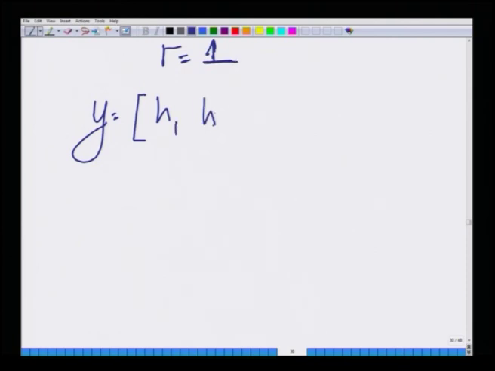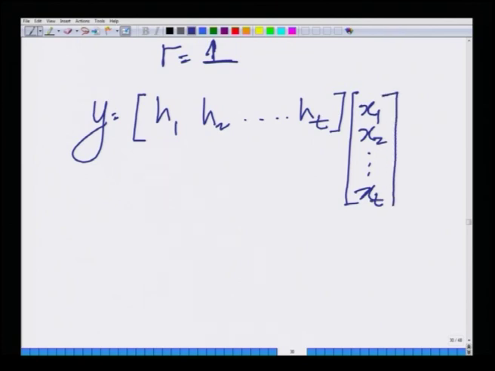Since I have many transmit antennas and one receive antenna, I have a row, and this can be represented as Y equals H1 H2 up to HT times X1 X2 up to XT plus N. This is the same as H bar transpose X bar plus N.